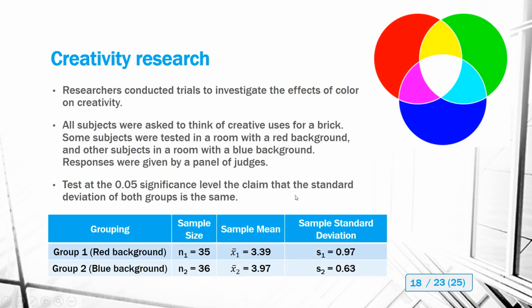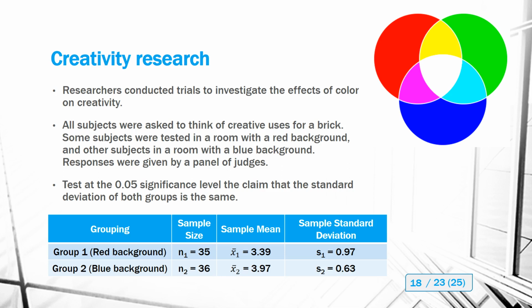Let's look at an example that we've seen previously, but looking at it in a different way. So creativity research, going back to this study that was done where you randomly select people, put them into 2 rooms. One room has a blue background, the other has a red background, and everyone's asked to think of creative uses for a brick.